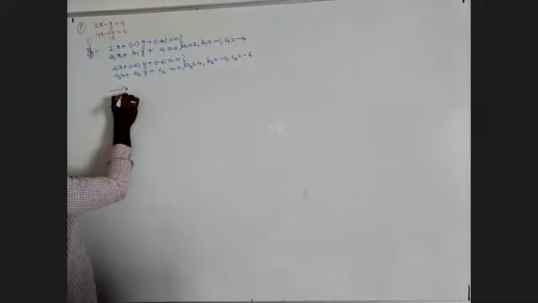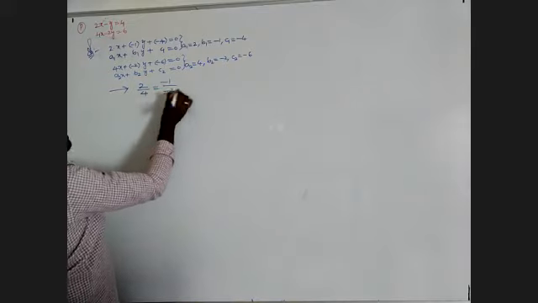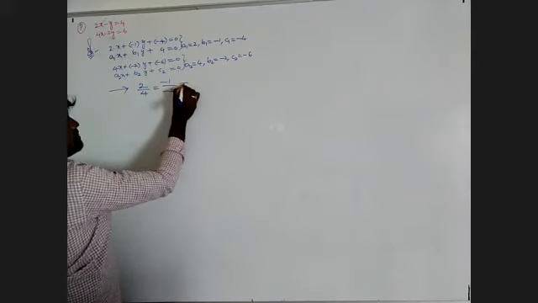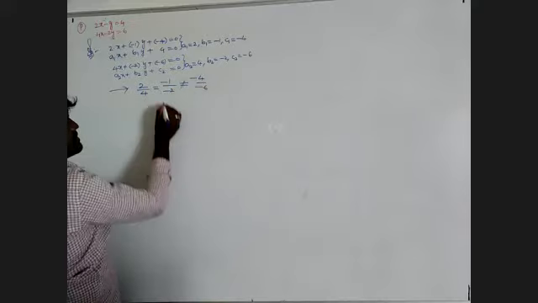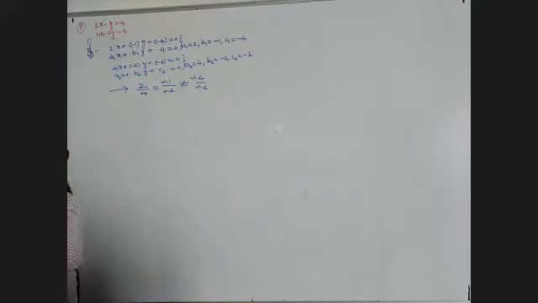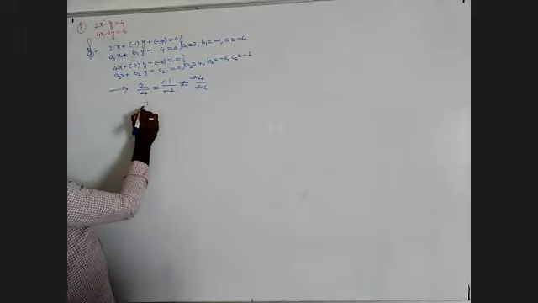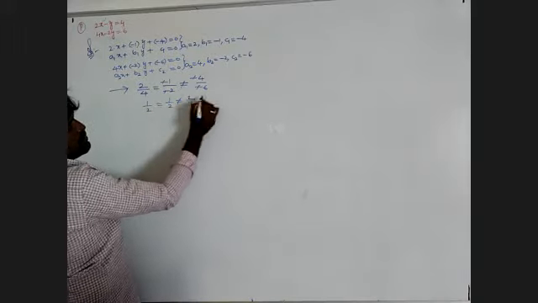That means 2 by 4 is equal to minus 1 by minus 2 does not equal minus 4 by minus 6. Minus and minus cancel. This we write as 1 by 2 is equal to 1 by 2 does not equal 2 by 3.